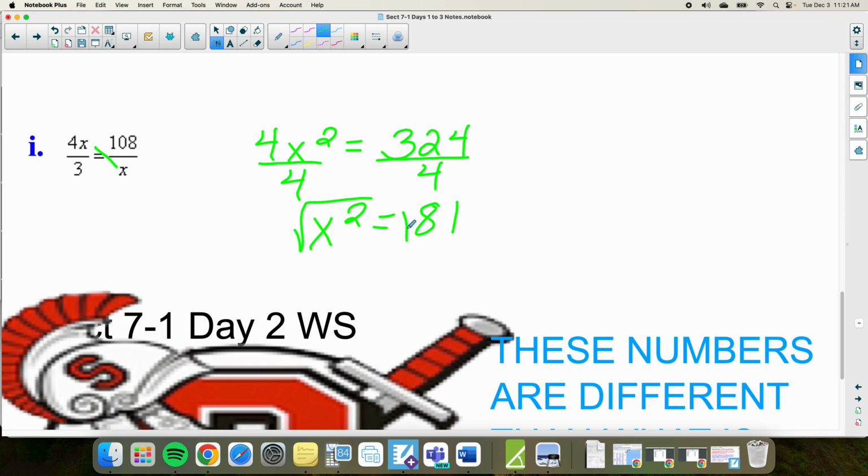Now, in the past, when we've done square roots, we've always just wrote down 9. When it's not a geometry problem, it's just an algebra problem, you really need to put plus or minus 9. We have not done that yet this year because every time we took the square root, it was the side of a triangle, and so it had to be positive. This is just an algebra problem, so it doesn't have to be positive.